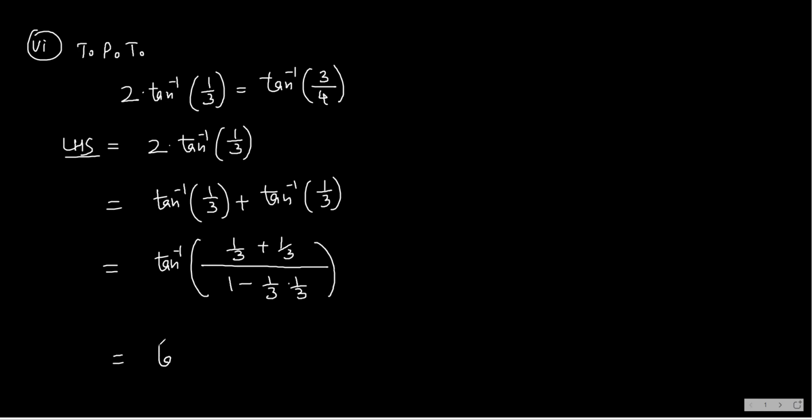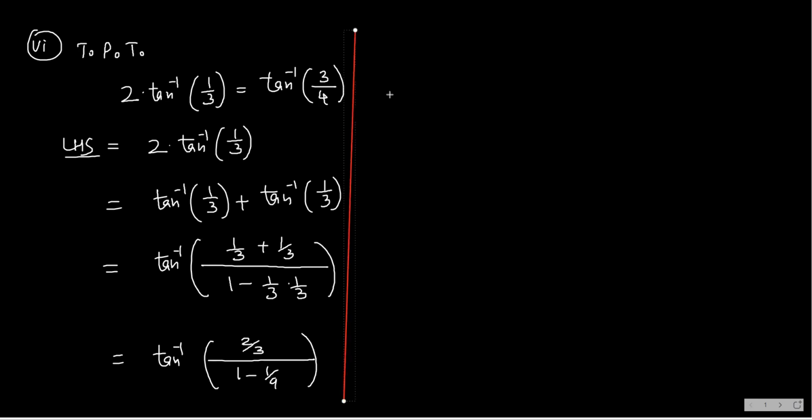So this will become tan inverse of 2 by 3. The numerator will become 2 by 3, and this is 1 minus 1 upon 9. So the next step you get as tan inverse of 2 by 3 divided by 9 minus 1 upon 9.